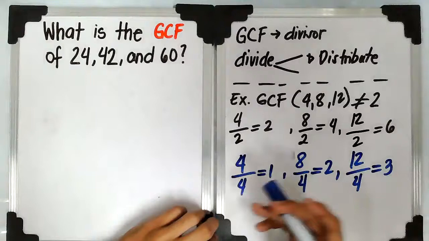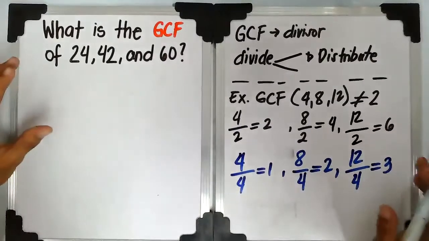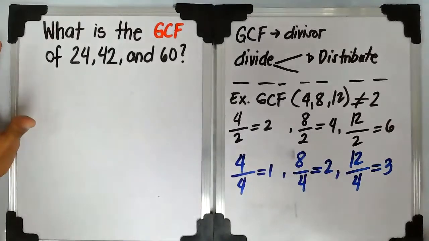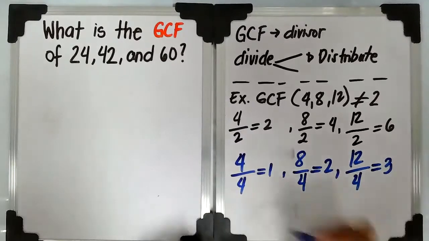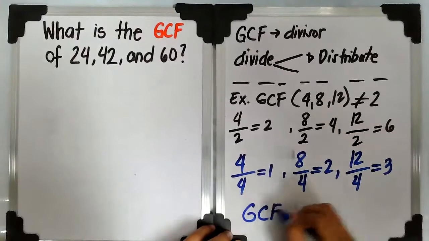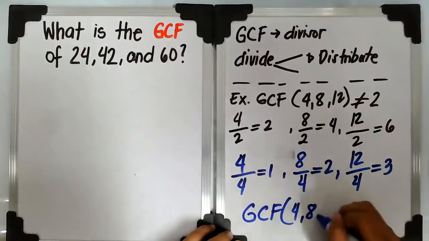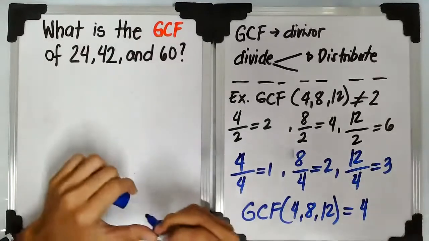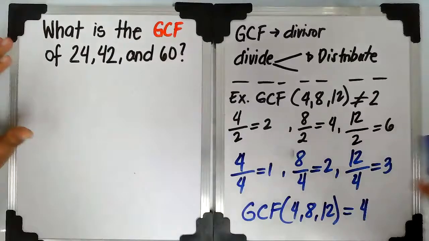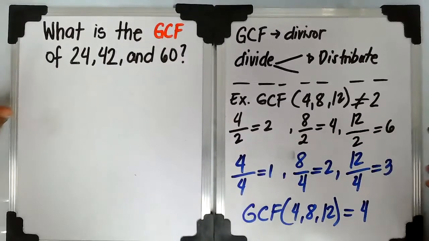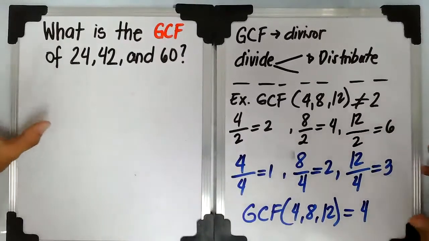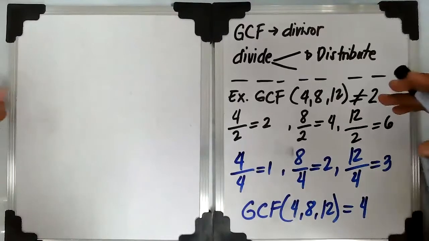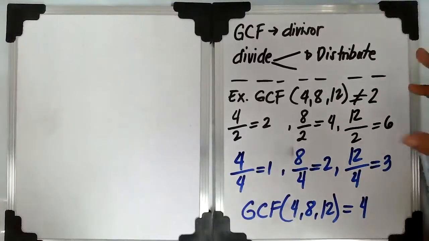And since 1, 2, 3 have no common factors other than 1, or we can say that the results are relatively prime, then the GCF of 4, 8, and 12 is 4. And here, you can notice that the greatest possible value of the GCF is the least value in the given numbers.